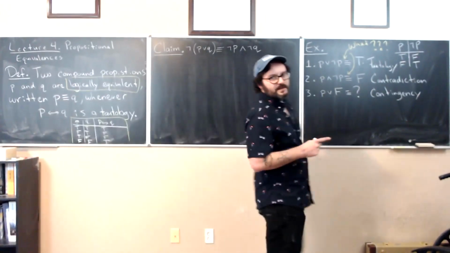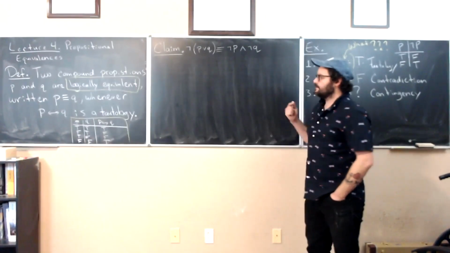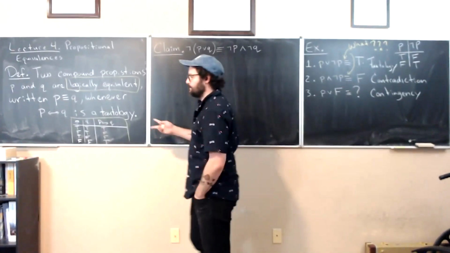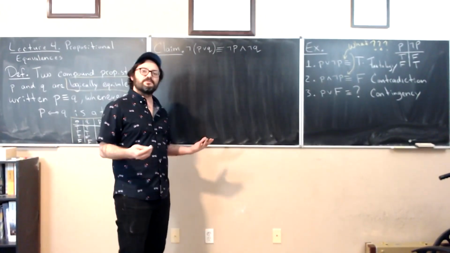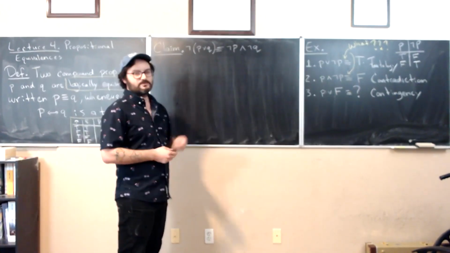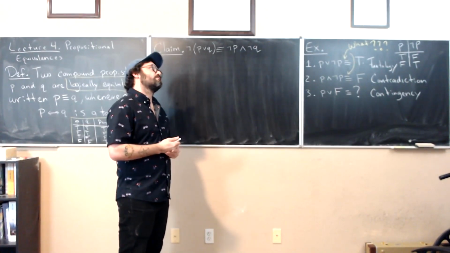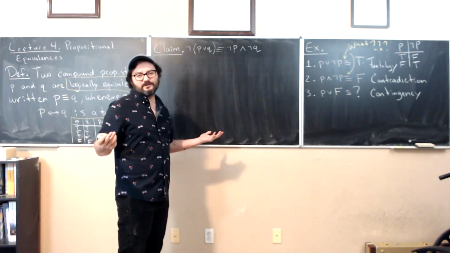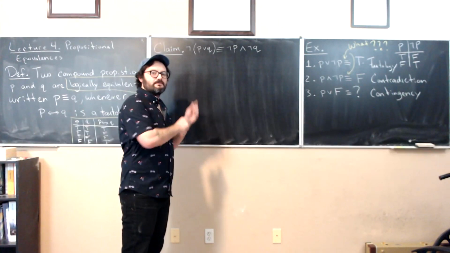Well, one technique to verify logical equivalences is to use a truth table. And you can think of this as a proof because it does give an argument why this is true, though it's not a very elegant proof. It's kind of an enumeration type of proof, as you'll see when I write down this truth table.